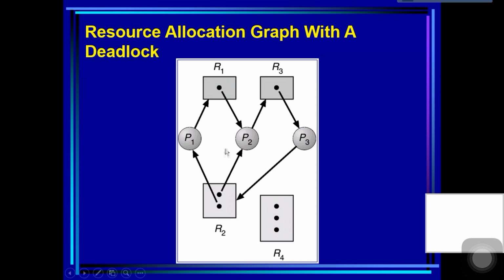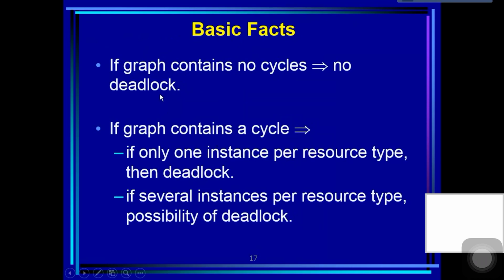If the graph does contain a cycle, then a deadlock may exist. If only one instance per resource type, then deadlock. If several instances per resource type, possibility of deadlock.